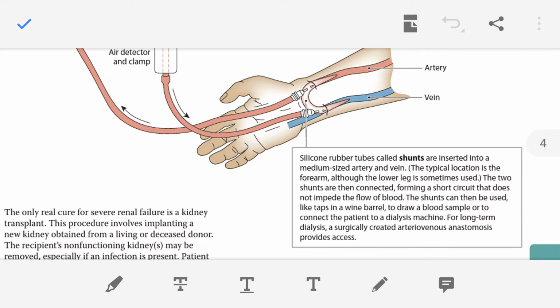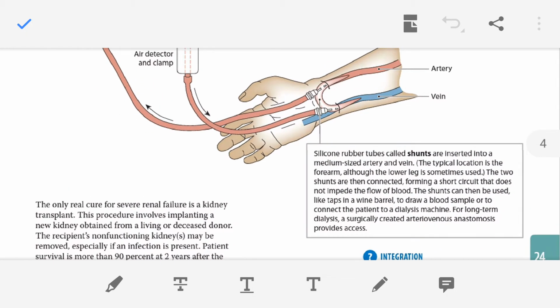So the continuous supply of blood to the machine is the main function of the shunt.